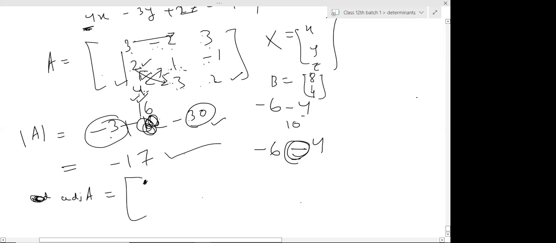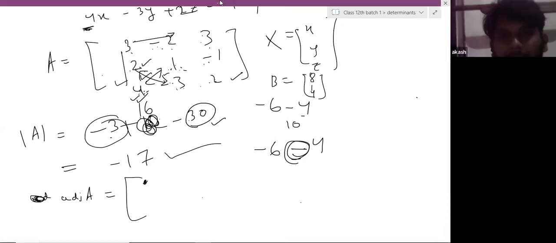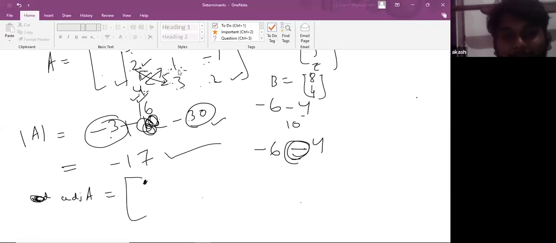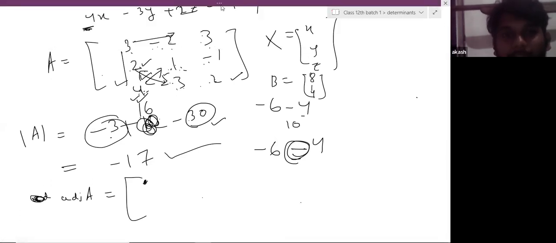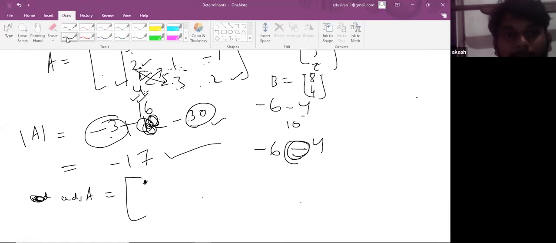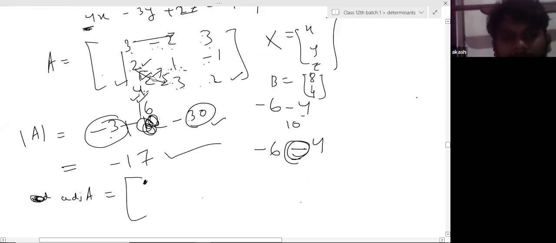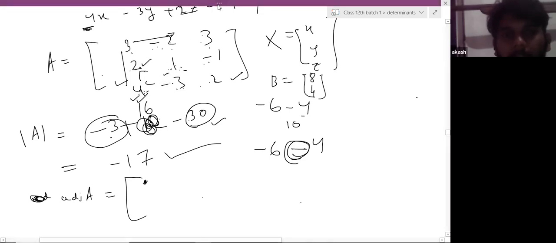Isn't that -3? It's -3. Oh, right. Let me erase those arrows. Yes, this is -3. So we'll get -1, right?